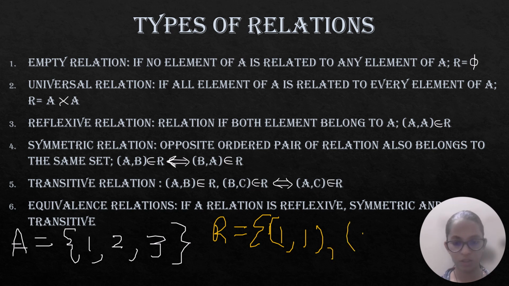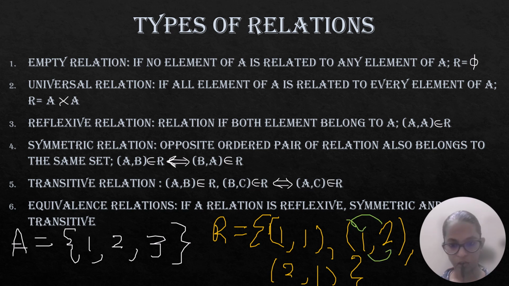But suppose there is an element 1, comma 2, then you also need to have an element 2, comma 1 as an ordered pair. It's basically the change of order, that is, this will come here and this will go here. That's what the opposite of a relation is.